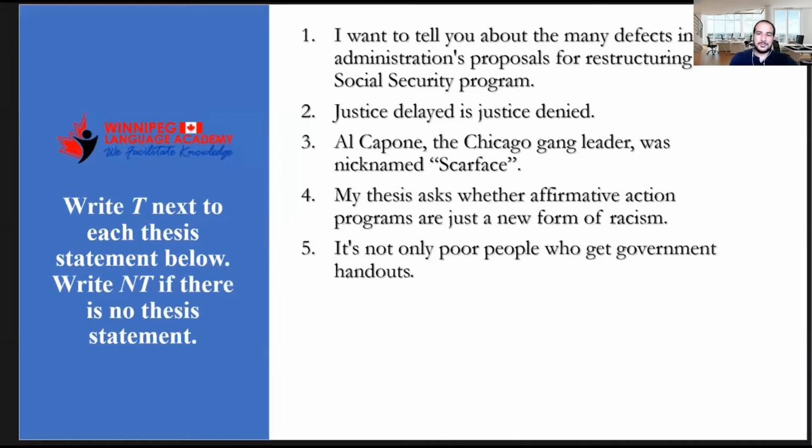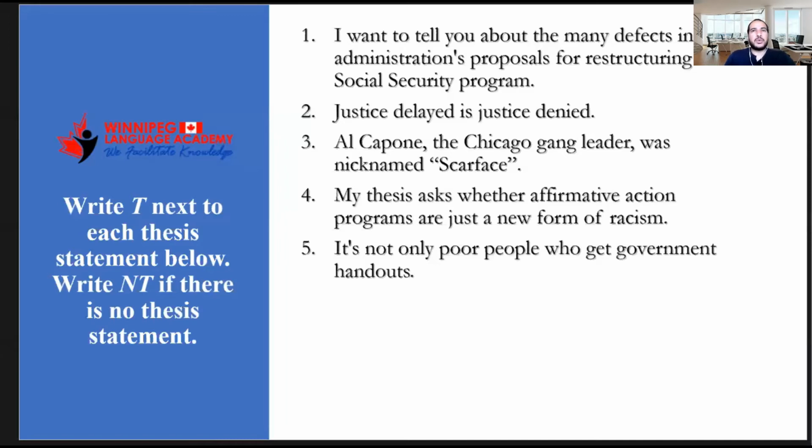Yeah. If we change this number 5 to ask a question using do poor people only get the governmental handouts? Is it a thesis or not? If you make it a question, it would be better as a hook.